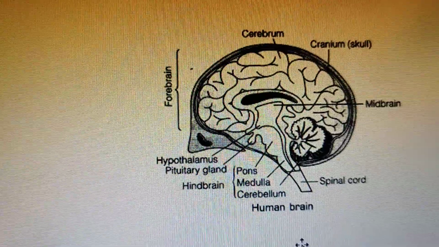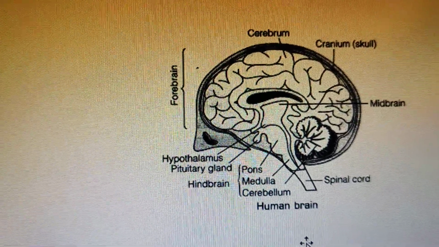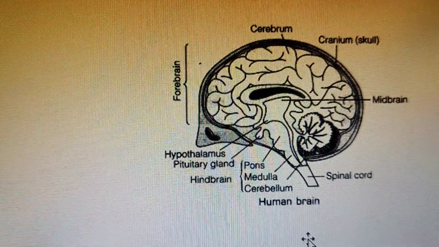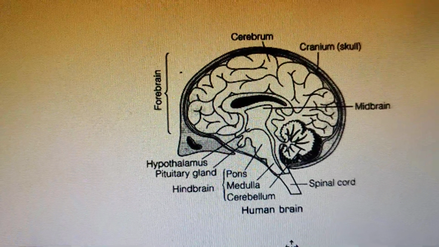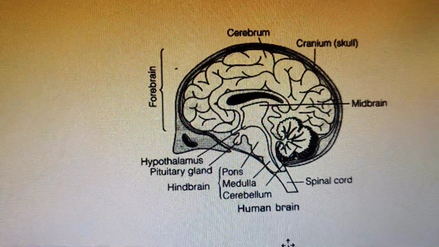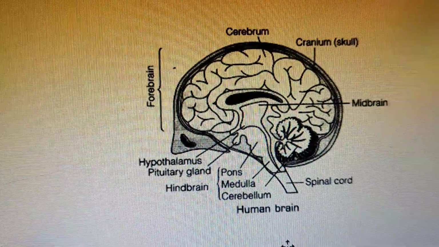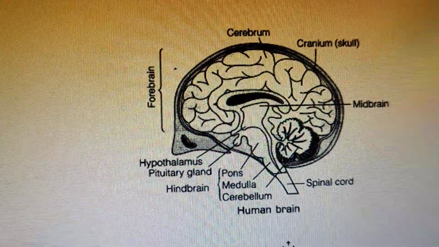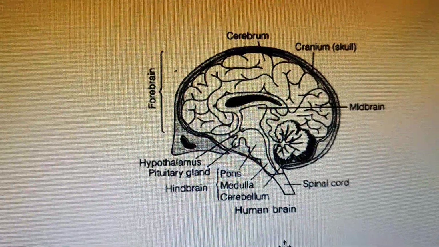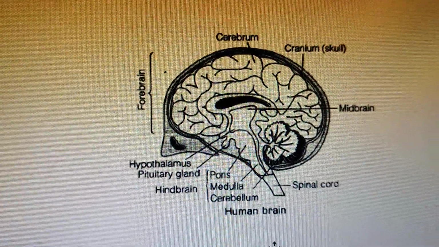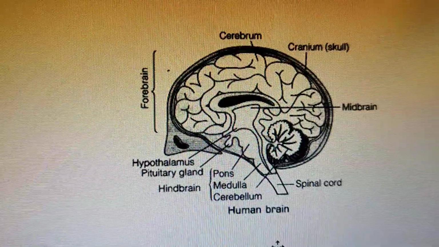If someone hits the back of your head, you will faint. Why? Because the cerebellum maintains the posture and balance of your body. If someone hits the back of your head, there will be no oxygen supply and a person can faint. So that's why the cerebellum is also a very important part of our brain.